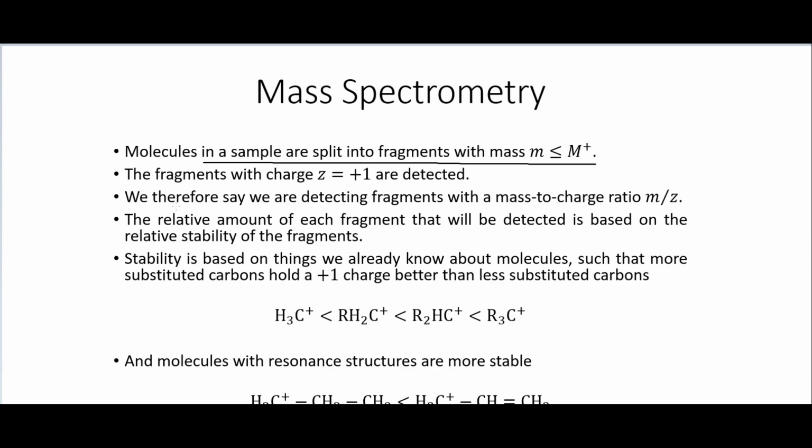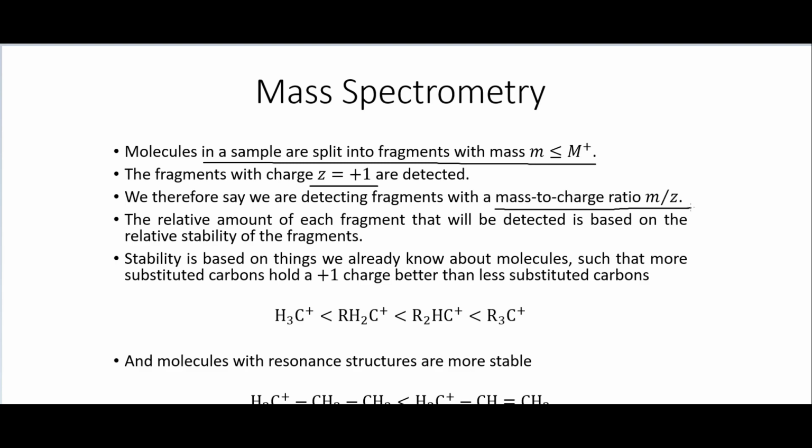And the fragments will have a charge that is almost always going to be z equals plus 1. So we don't usually get charges that are greater than plus 1 on these. So we therefore say that we are detecting fragments with a mass to charge ratio of m over z, and the relative amount of each fragment that will be detected is based on the stability of those fragments.